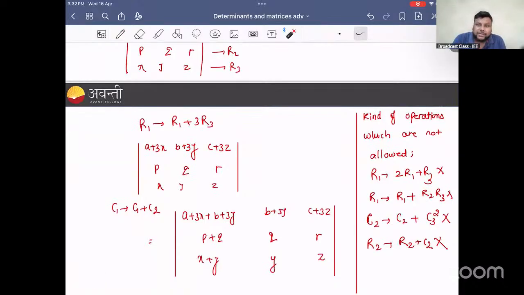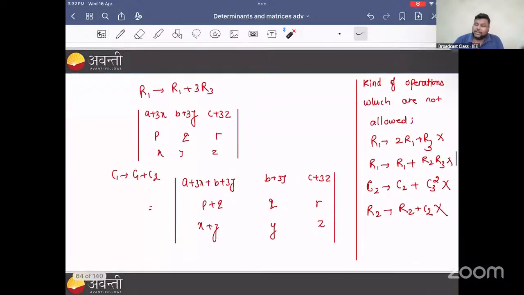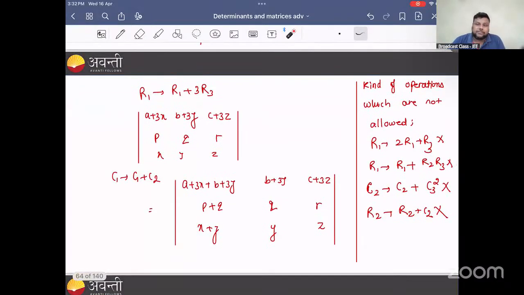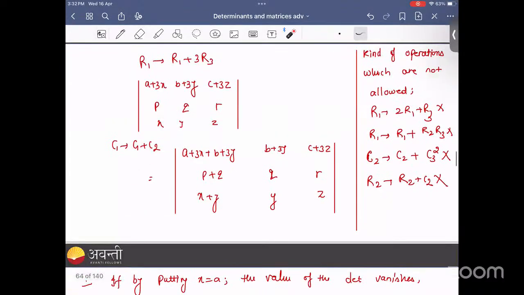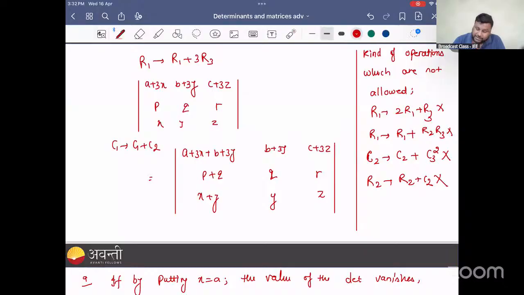Motilal, what are you saying, beta? I did not understand. Why not, sir? Why not R1 plus R2 R3? Because if you apply these kinds of operations, they won't result in the same determinant. Getting my point? When you split a determinant, it should give you the original determinant also. Let's do it on the board.